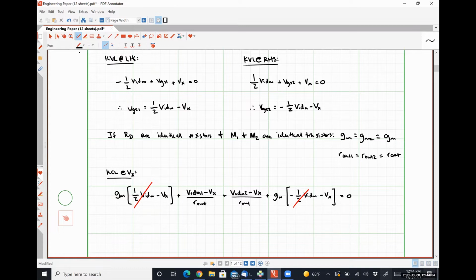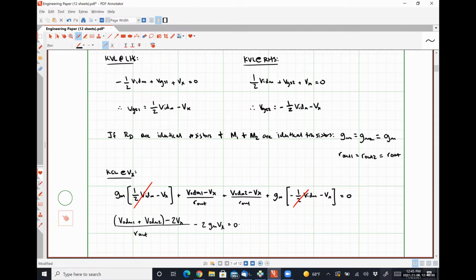I would have VODM1 plus VODM2 minus twice Vx, divided by ROUT, minus 2 GMVx is equal to 0.